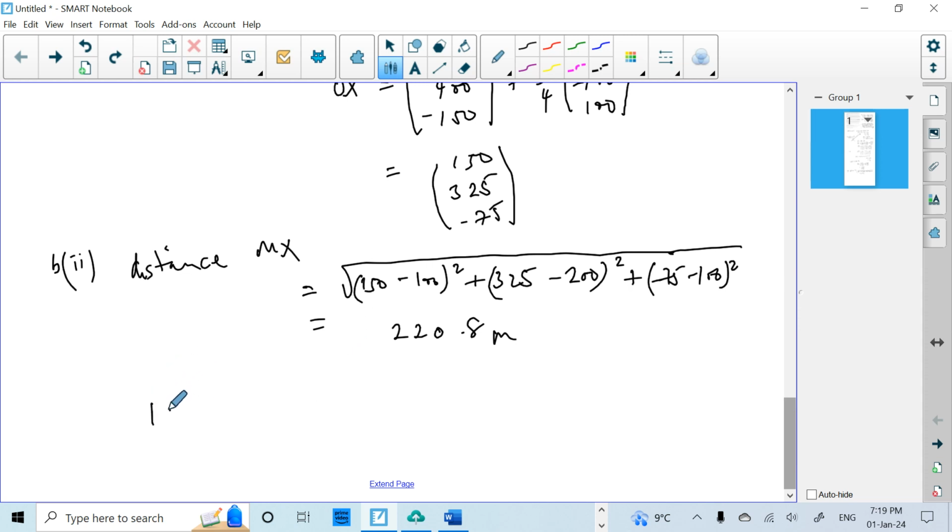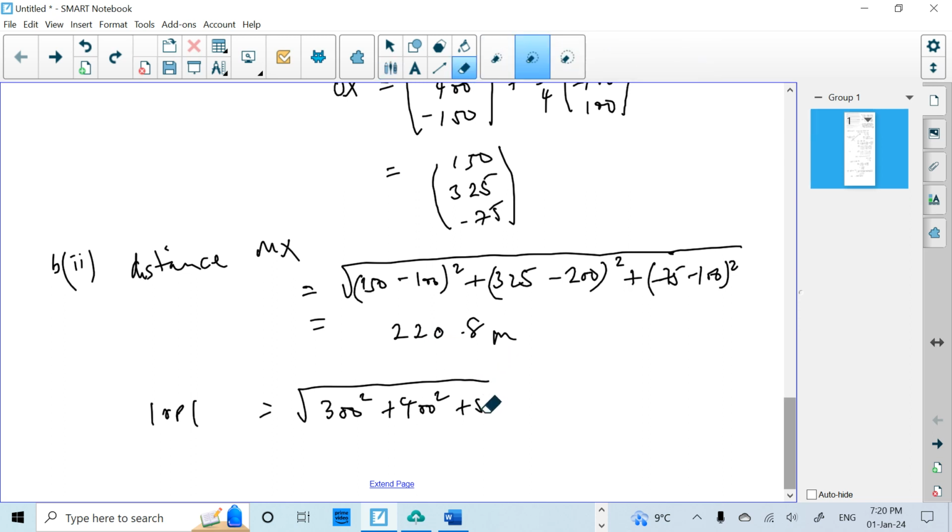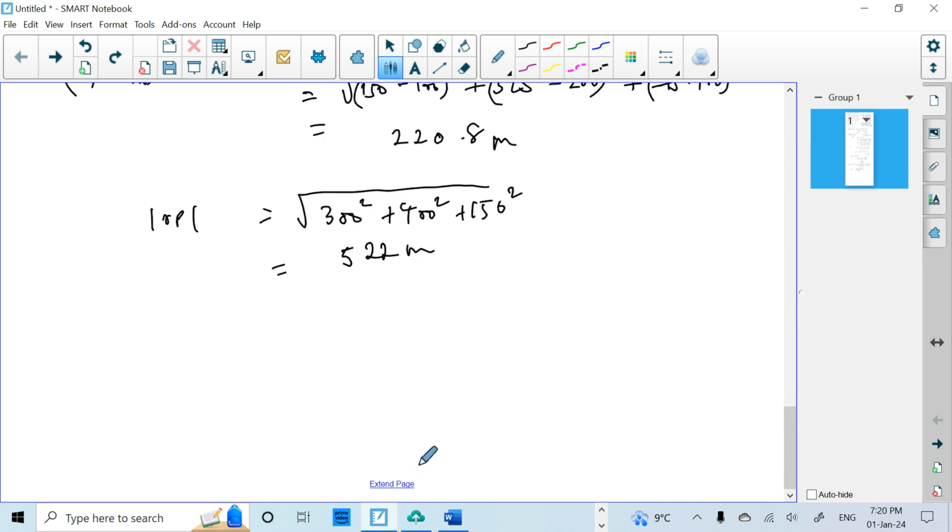The modulus of OP is equal to the square root of 300 squared plus 400 squared plus 150 squared plus 150 squared, which is equal to 522 meters, which is bigger than 220.8.